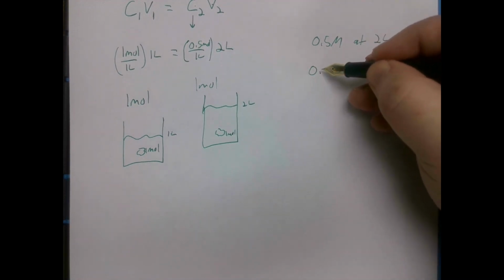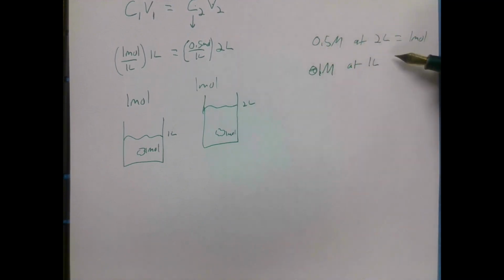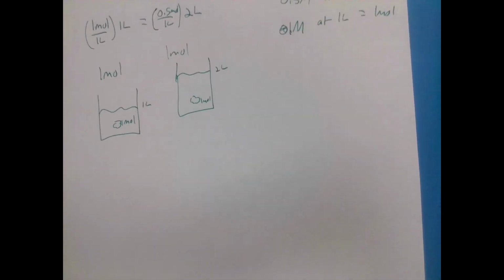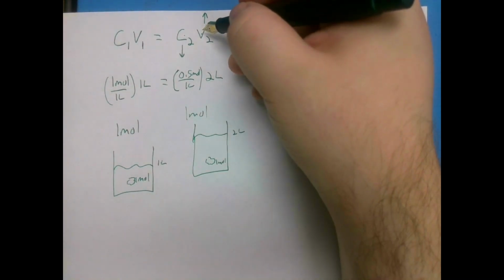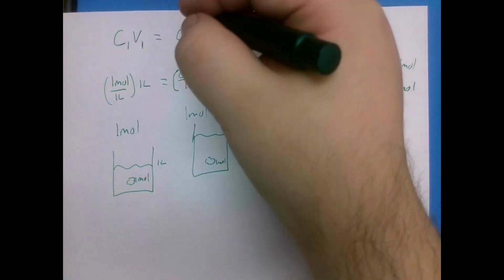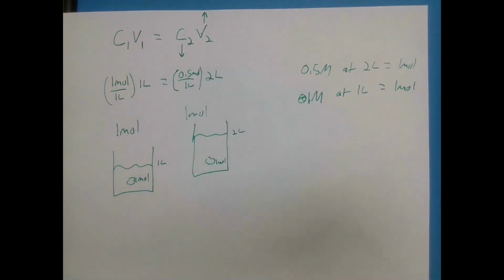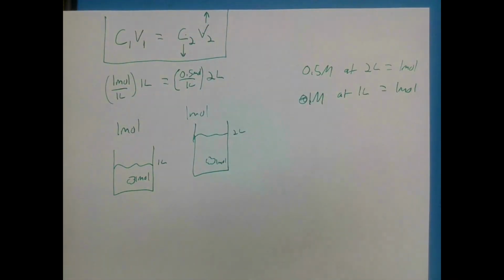Or 1 mole at 1 liter gives you 1 mole in that 1 liter. 0.5 mole at 2 liters gives you 1 mole in 2 liters. Does that make sense? If you change the volume, you would change the concentration, and the amount doesn't change. This equation here helps you figure out how to make a new concentration.